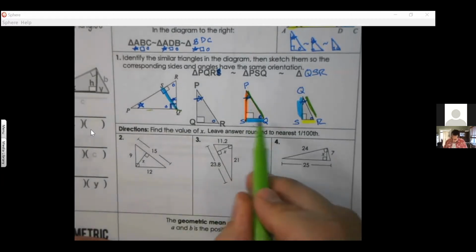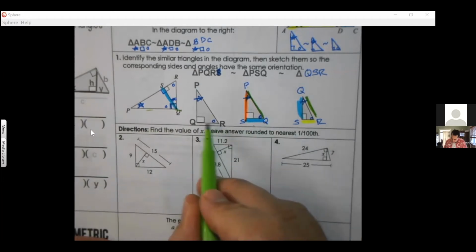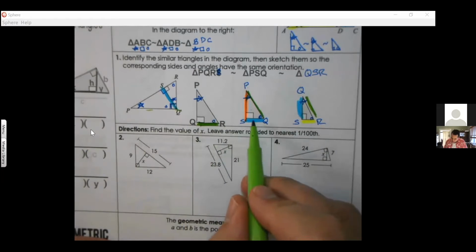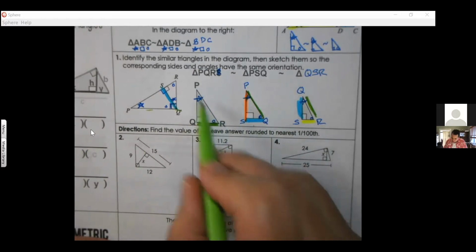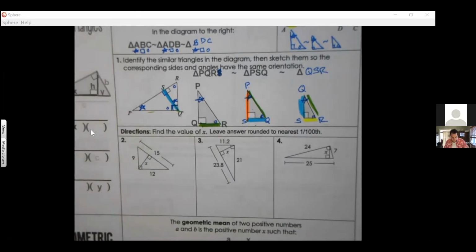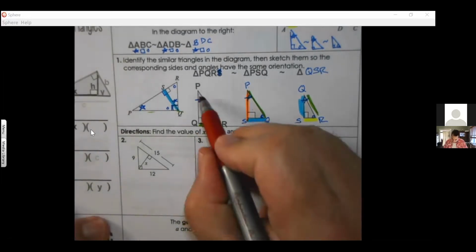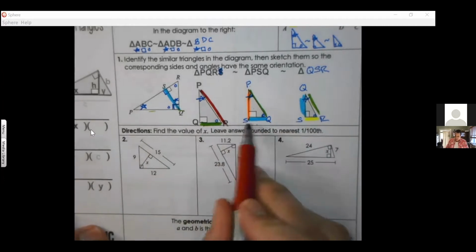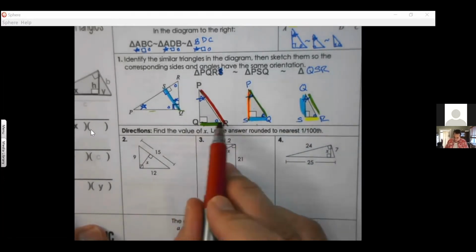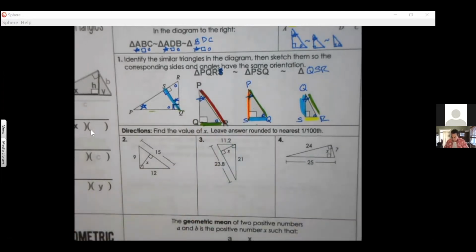Could I go SQ is to QR as PQ is to PR? Those are full segments. In other words, I want to get SQ, right? So I can say SQ is to PR as QR is to PR. Okay, what does that mean though?